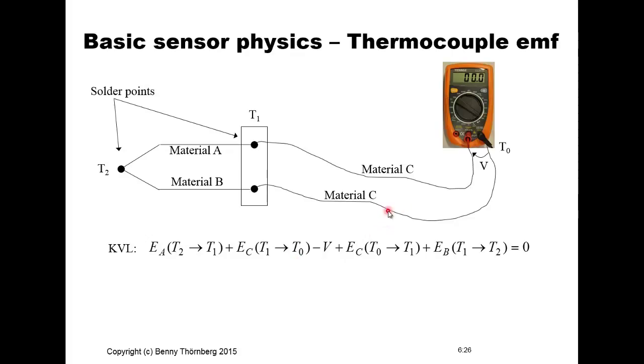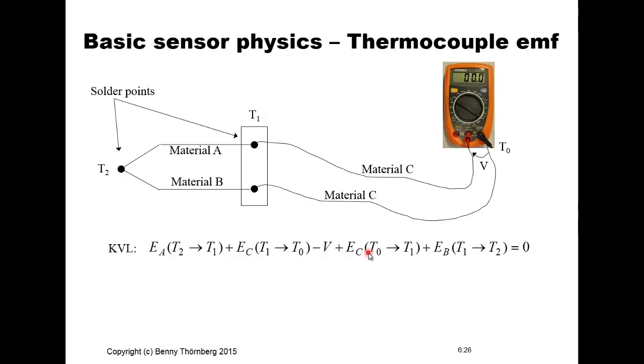So it means that the voltage generated over material C on this wire and on this wire will eliminate each other, and we can eliminate this term from this term, because you can exchange this one with EC, the voltage over material C, minus this one from T1 to T0.